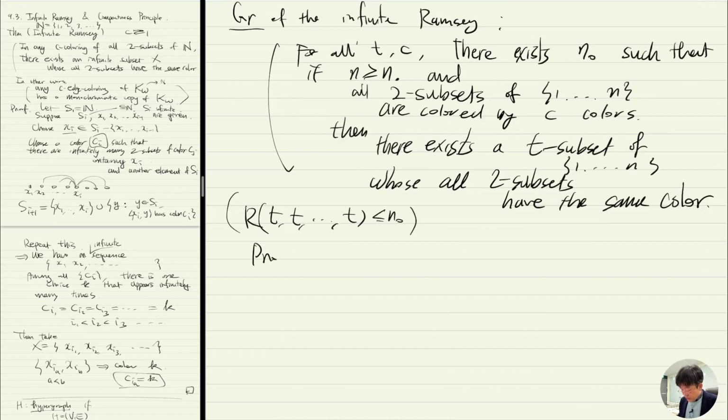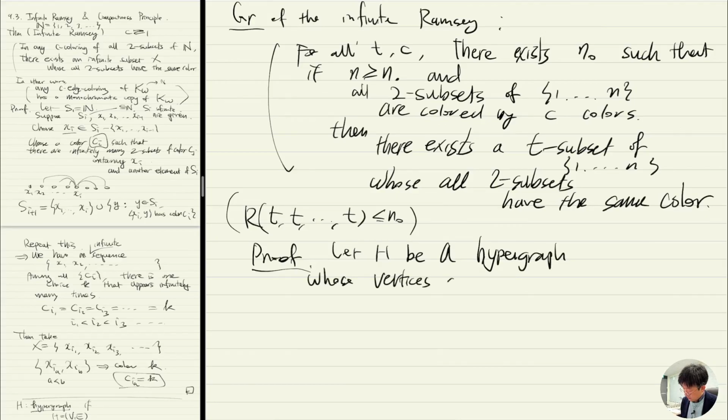Now, we already know how to prove it, but now I'm going to show you how to prove it by using the infinite Ramsey and by using compactness. So let H be a hypergraph whose vertices are the two-subsets of N and edges are the t-subsets.